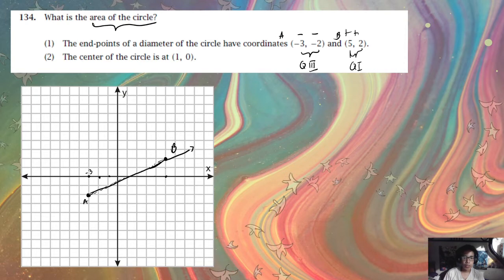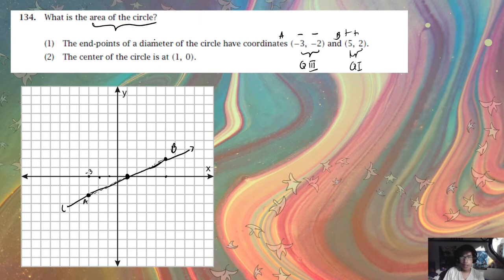If this is our line, and the center of the circle is at (1, 0), so x is 1 and y is 0, that means it has to be here. Now if this is the center of our circle, how do we find the radius of the circle?